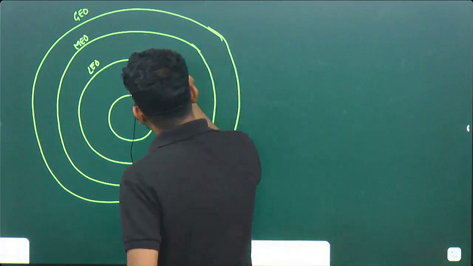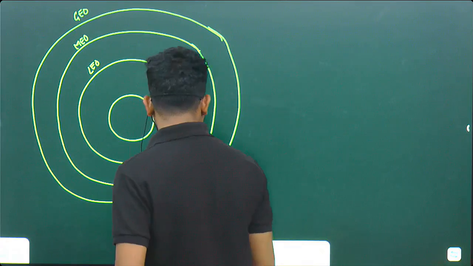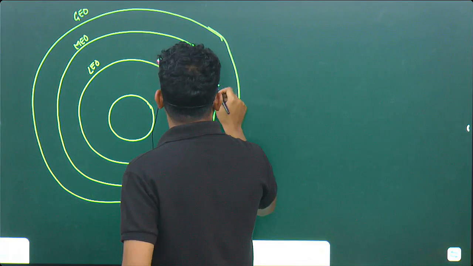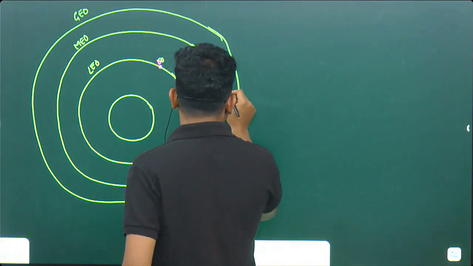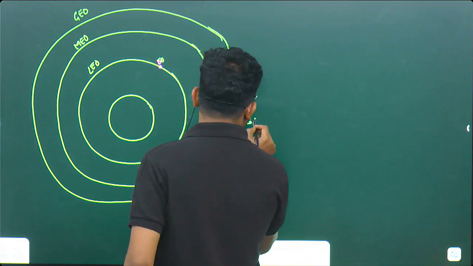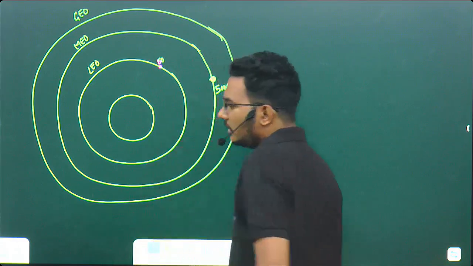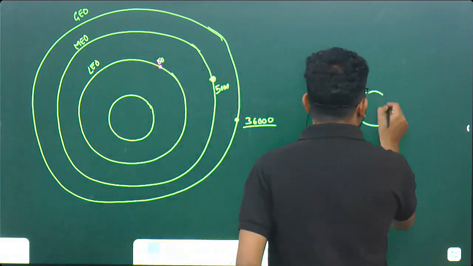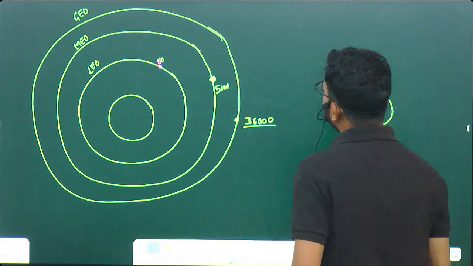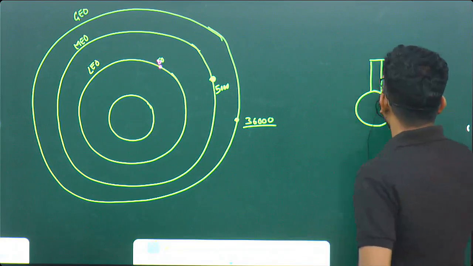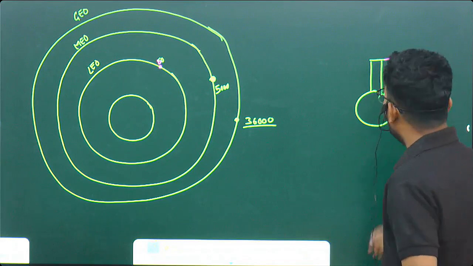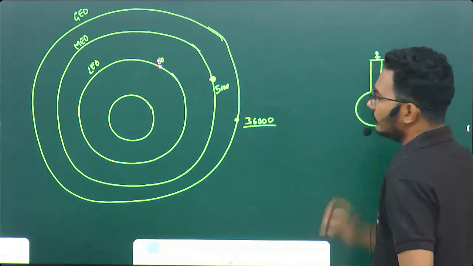Let's say I have placed an object at 50 kilometers, a satellite at 5,000, and another at 36,000. Let's say there is a building almost 50 kilometers in height.